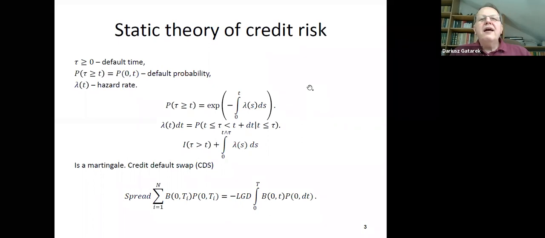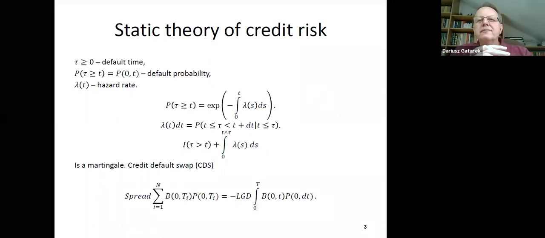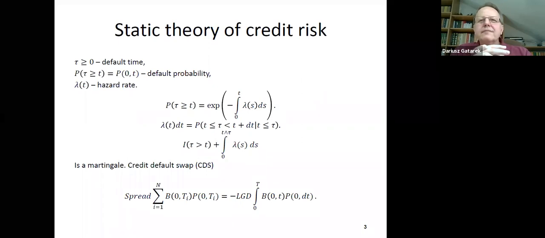And what are products exposed to credit risk? Stocks and shares are not. Stocks don't default.